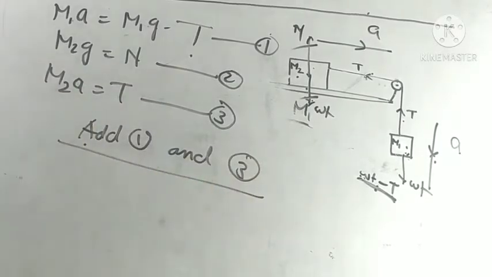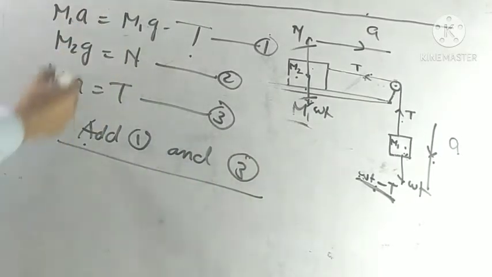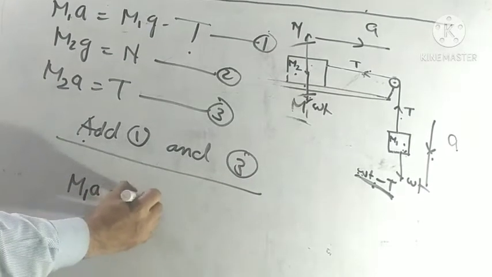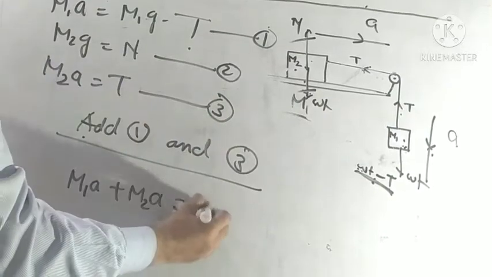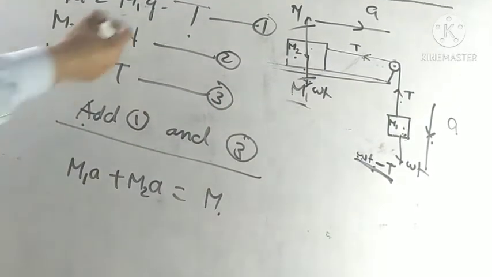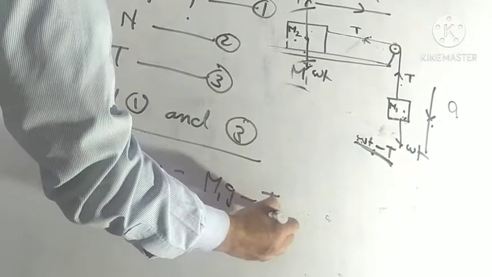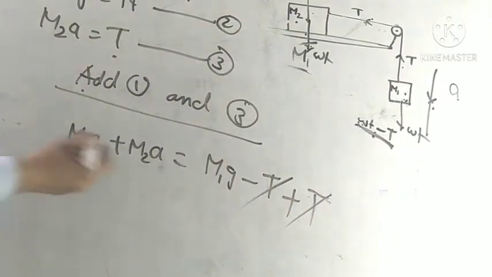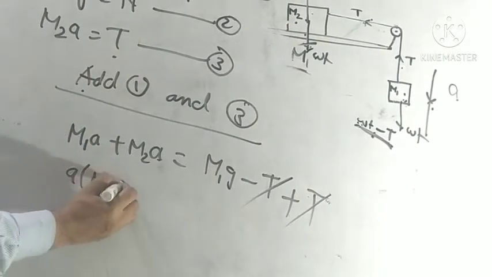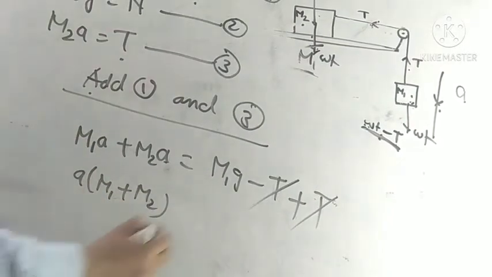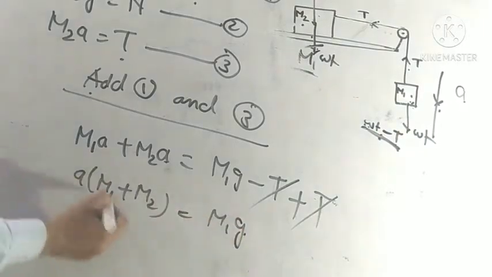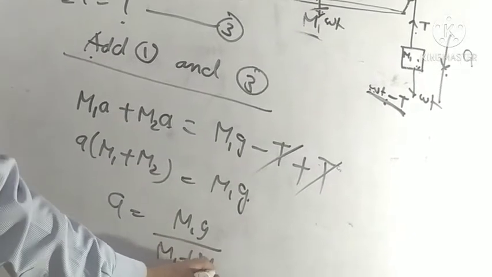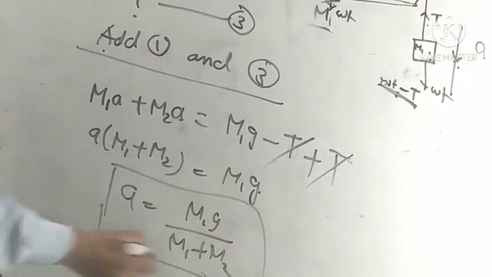We take the left hand side terms and add them: M1A plus M2A is equal to the right hand side terms, M1G minus T plus this T. T and T cancel each other, and here we take A common, leaving M1 plus M2 inside the bracket. Only M1G is left. So we easily find the acceleration: M1G upon M1 plus M2. This is your acceleration.